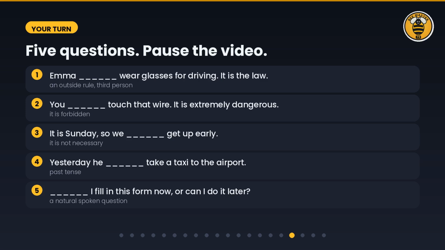You, gap, touch that wire. It is extremely dangerous. Number 3. It is Sunday, so we, gap, get up early. Number 4. Yesterday he, gap, take a taxi to the airport. And number 5. Gap, I fill in this form now, or can I do it later?